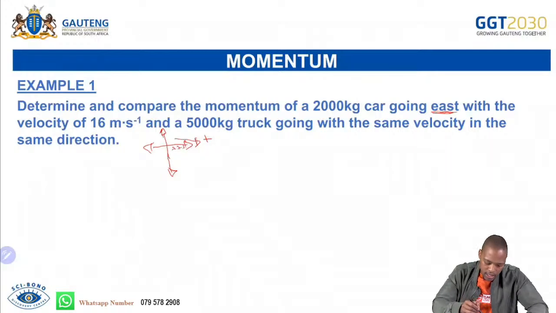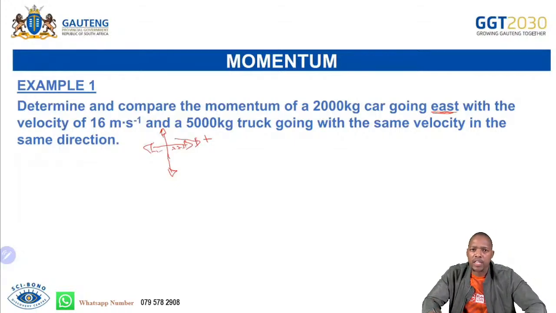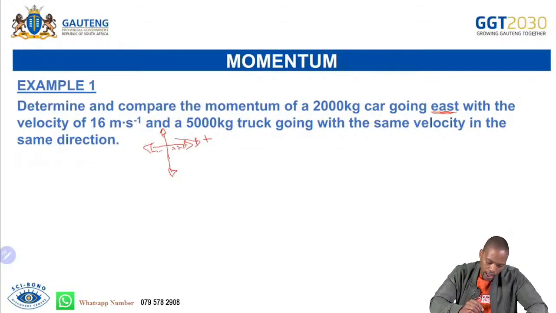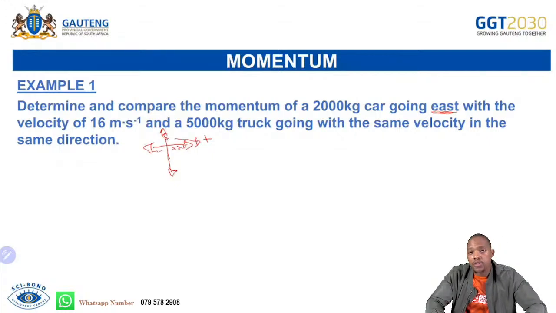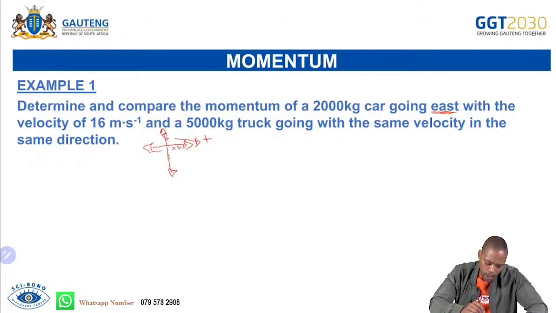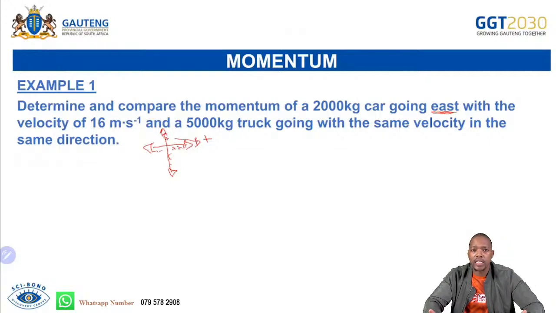Whatever faces west, to the left, must always be assigned negative, because in the Cartesian plane we have negative numbers in that direction. Whatever faces up must be assigned positive, because as we go up, it's positive in the Cartesian plane, and whatever points downwards must always be assigned negative.